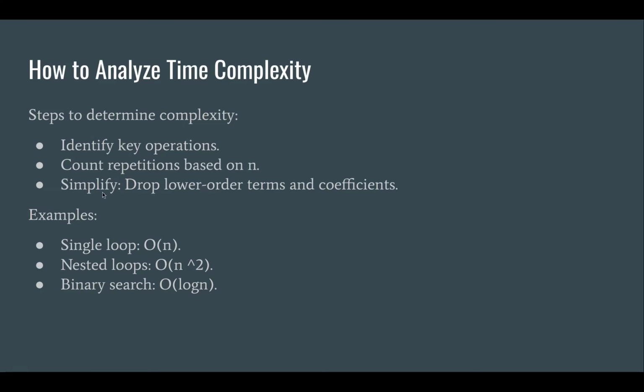Finally, simplify by dropping lower order terms and coefficients, as these become negligible for large n. For example, a single loop iterating over n elements has O(n) complexity, while nested loops result in O(n squared). By analyzing your code this way, you can evaluate its efficiency objectively.